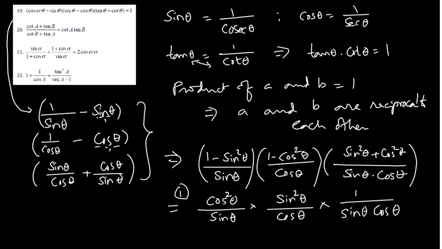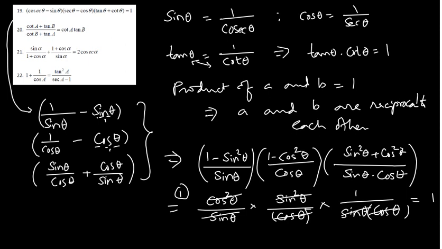This cos theta and this cos theta together cancel with this. This sine theta and this sine theta together cancel with that. So you got the answer as 1. You have to prove that it is 1, so the right hand side of the 19th question is 1.